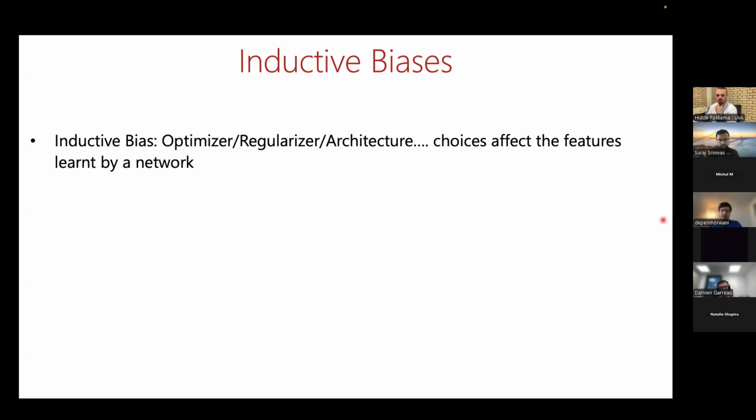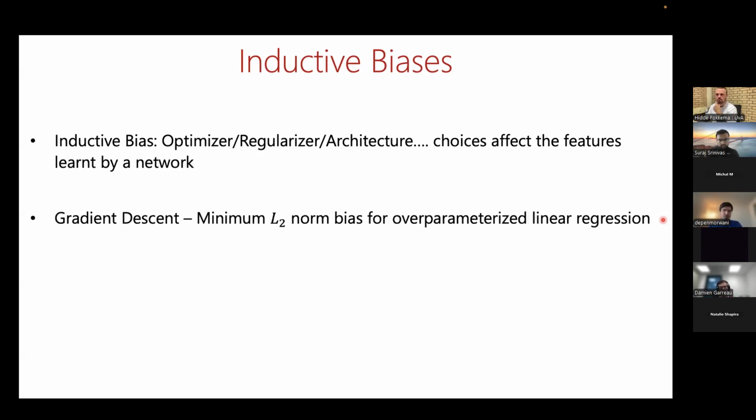Now to give some examples of this: for the optimizer, in a very simple task of over-parameterized linear regression, gradient descent is known to exhibit minimum L2 norm bias. This basically means that if there were many parameters possible for implementing a given linear map, gradient descent will implicitly choose the map which has the minimum L2 norm.